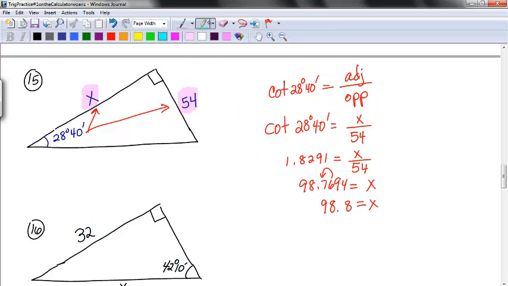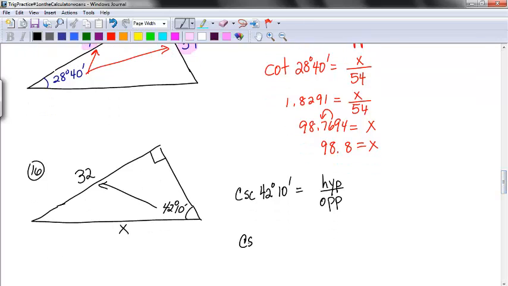So in terms of this angle, the unknown is the hypotenuse. What's this leg? Opposite. So I want the hypotenuse over the opposite. What trig function? Cosecant. So I want cosecant of 42 degrees 10 minutes.